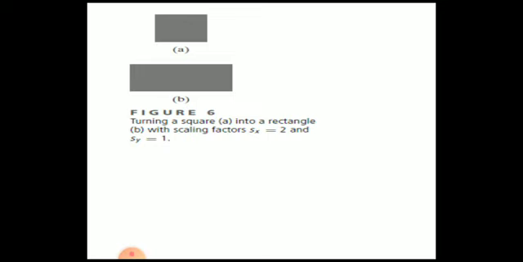Now, you can see an example here. We have an object which more or less looks like a square. And then if I apply scaling on it, for example, turning a square into a rectangle with the scaling factor sx equal to 2 and sy equal to 1, that means I'm doubling the size in the x direction and I'm keeping y the same as the original one.